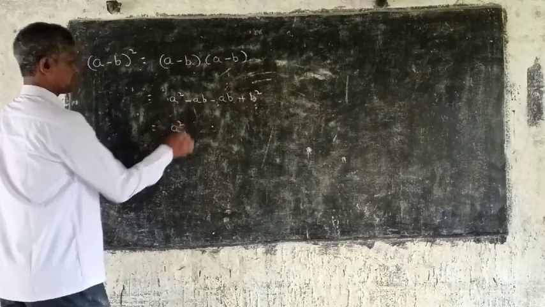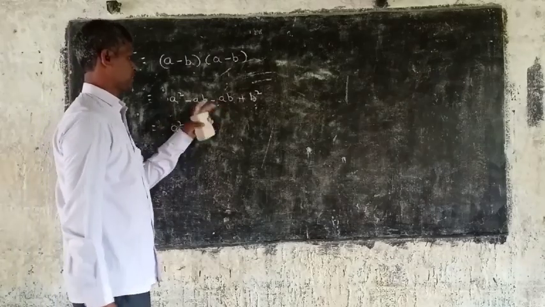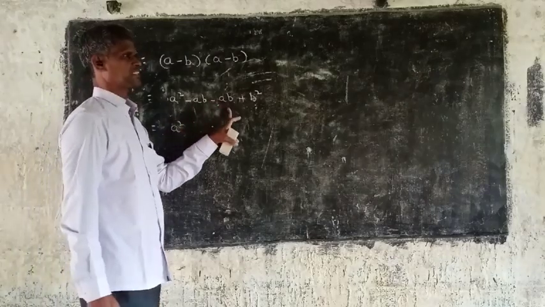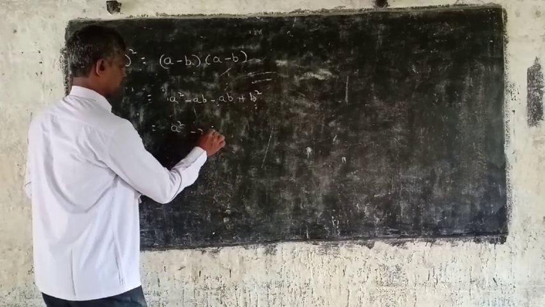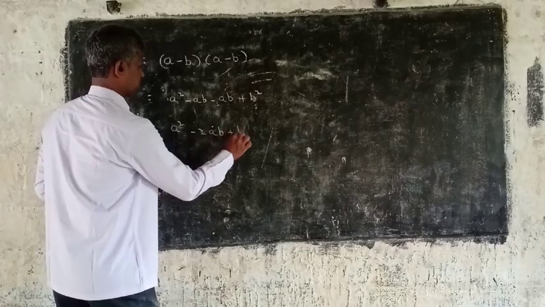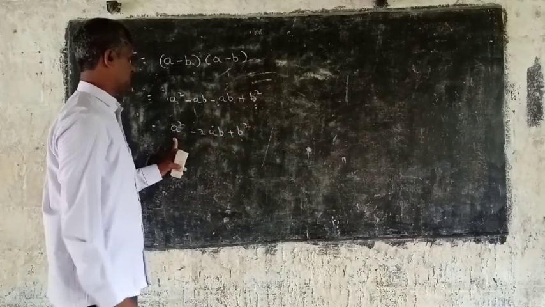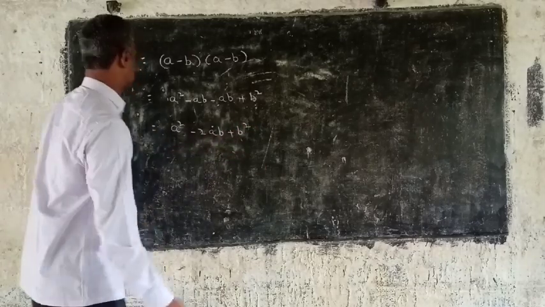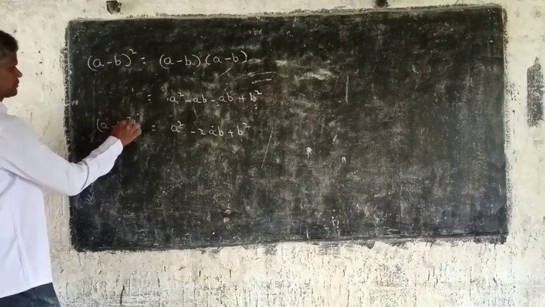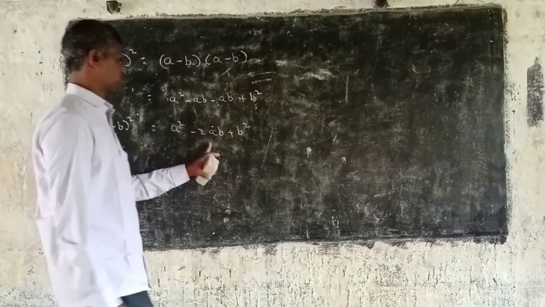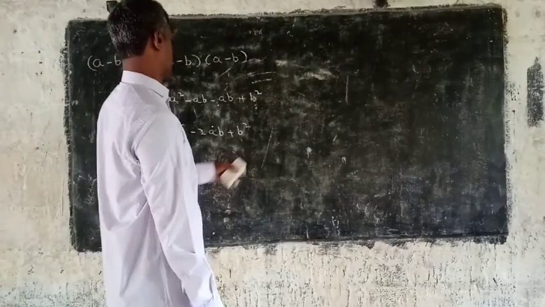A square ఇది మనకి లైక్ టర్మ్స్ minus ab టోటల్ ఎంత అవుతుంది minus 2ab plus b square. A square minus 2ab plus b square. ఇది మనకి (a minus b) whole square equal to a square minus 2ab plus b square.